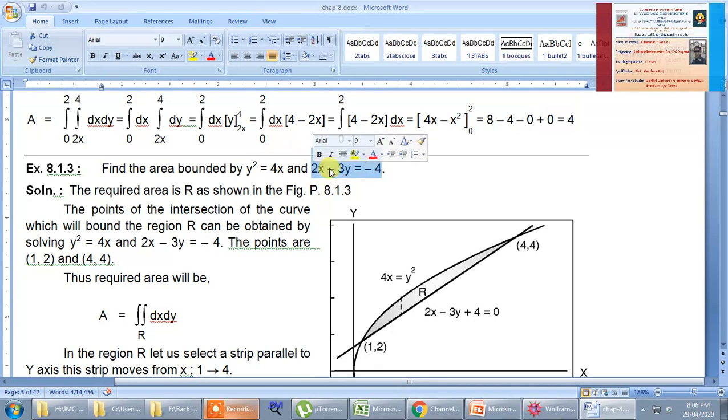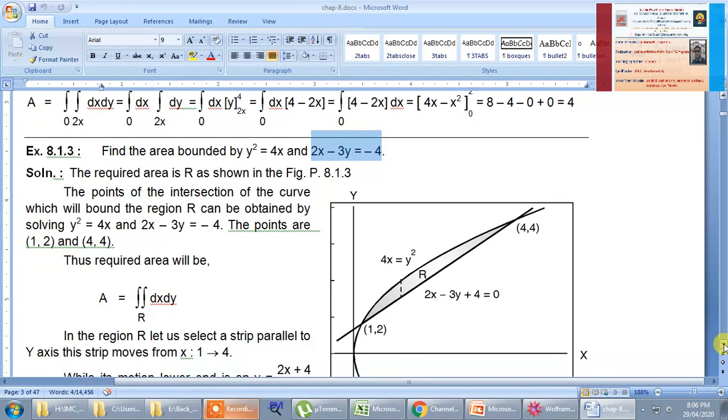You will find that negative negative cancel, and y will be 4 by 3. 4 divided by 3 is nearly 1, so y nearly 1 is here. Then if you put y equal to 0, x will be minus 2. X equal to minus 2 is somewhere here. Therefore you will get a straight line like this.